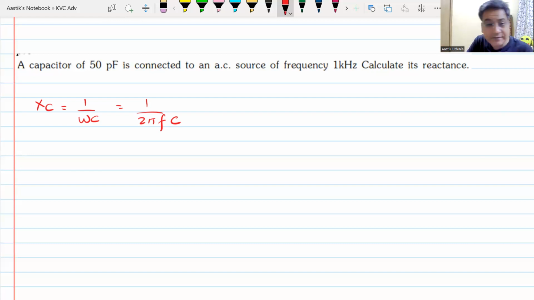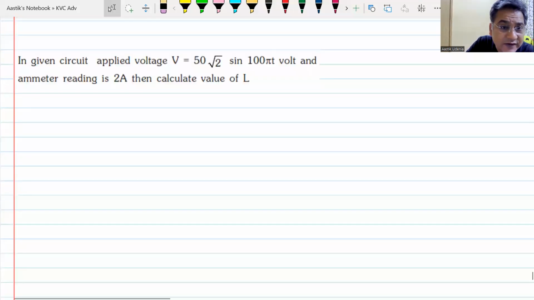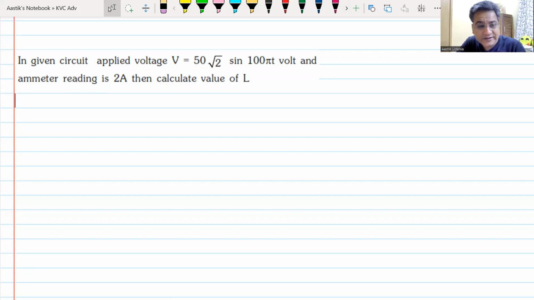Then comes this one. Remember, whenever they give you the value of current or voltage in an AC circuit, it is always the RMS value of the current and the voltage. In a given circuit, the applied voltage is given, the ammeter reading is given, calculate the value of L. How are we supposed to do this?